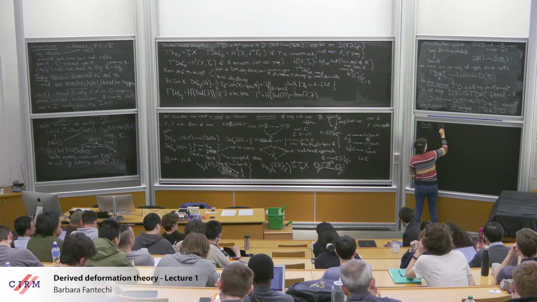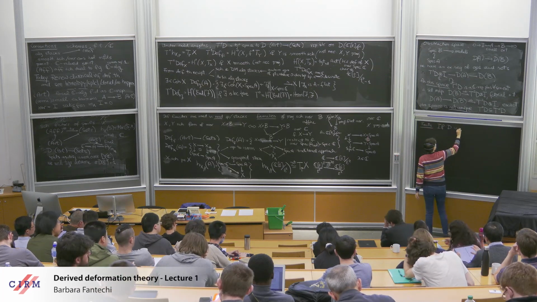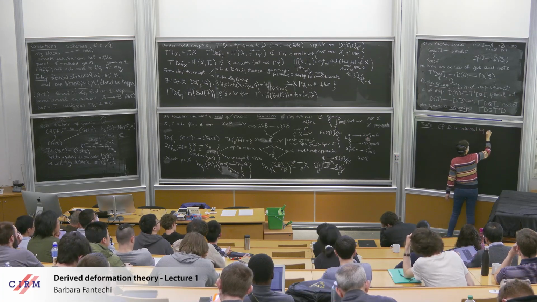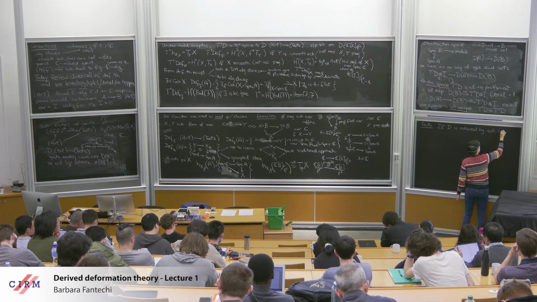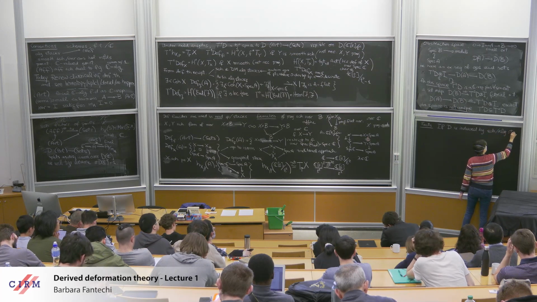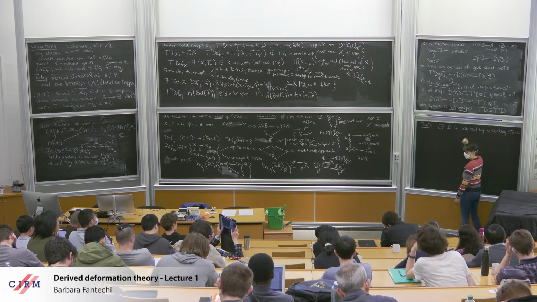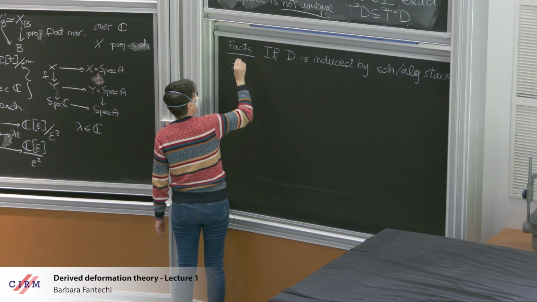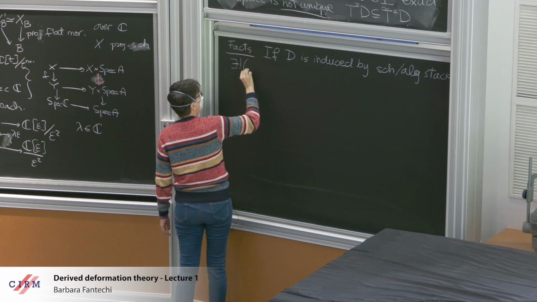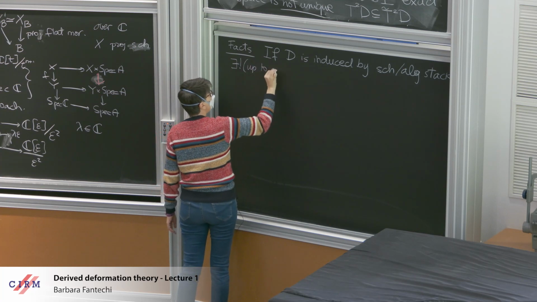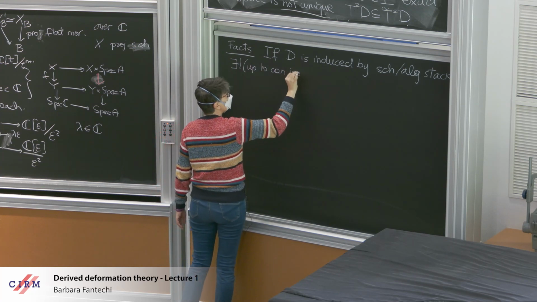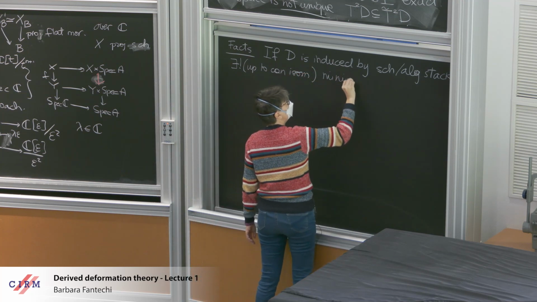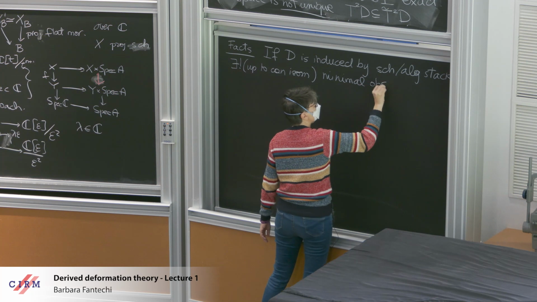If D is induced by a scheme or an algebraic stack, by fixing one point, there always exists an essentially unique, up to canonical isomorphism, just like the tangent space, minimal obstruction space.